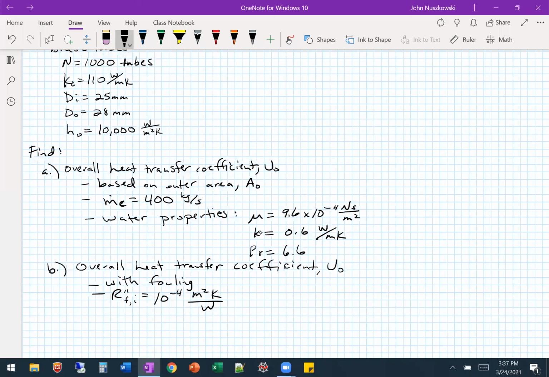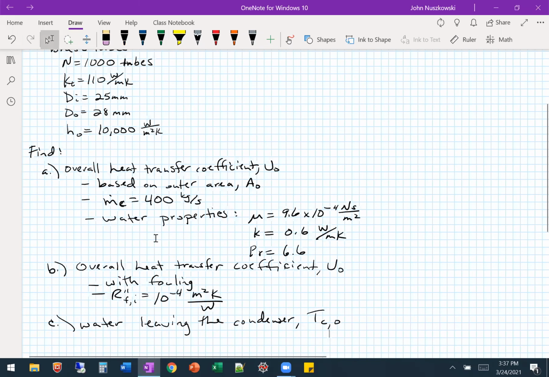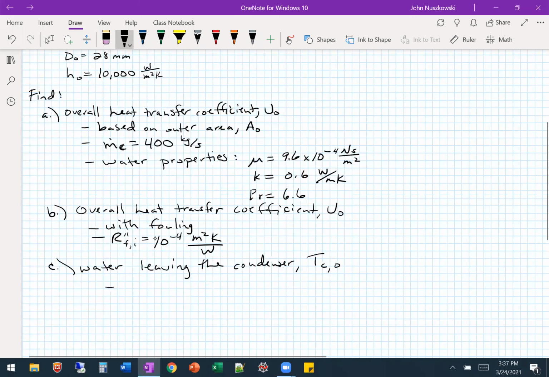And then part C is the water leaving the condenser. And the water's the cold side, so it's the cold side out that they're looking for. And they give us the cold side's inlet, which is 15 degrees Celsius.